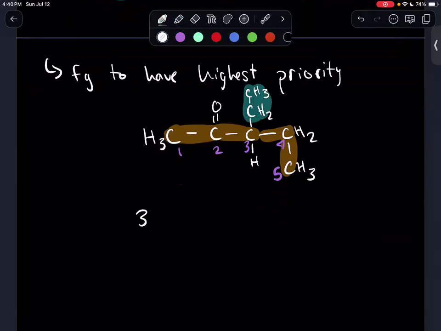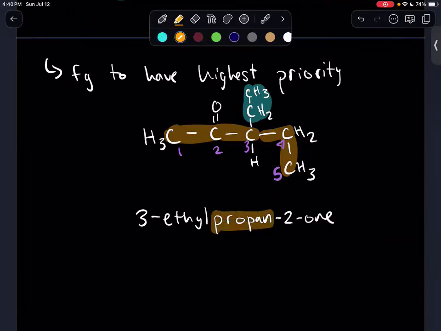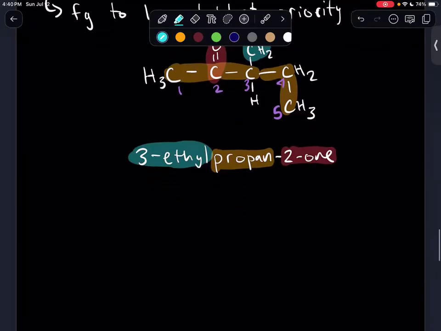So I'm going to start with 3-ethyl, and then just naming our 5-carbon group, pentan-2-one. And that's it. Our pentan comes from the 5 carbons, our 2-one comes from the ketone, and our 3-ethyl comes from that ethyl group. Priority still going to the functional group.